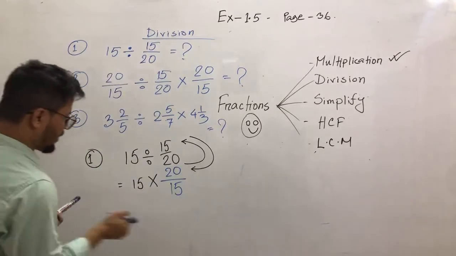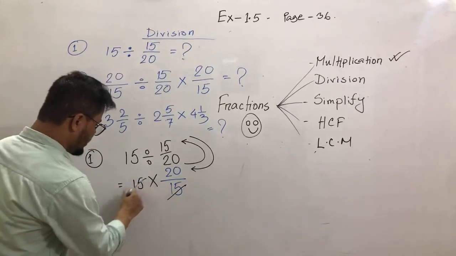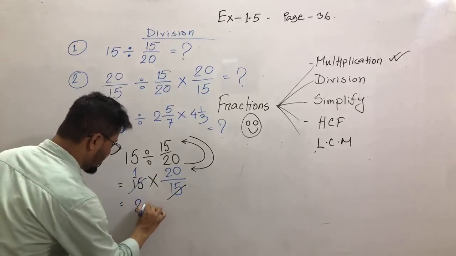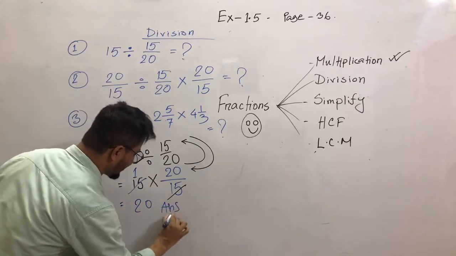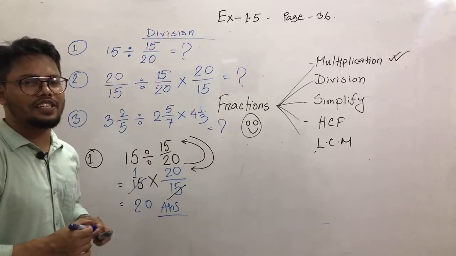Now if we calculate here, this is now 15 and this is now 1 times. So finally 1 multiply 20, the answer is 20. Absolutely right answer. Maximum students you have done correctly, and thank you so much.